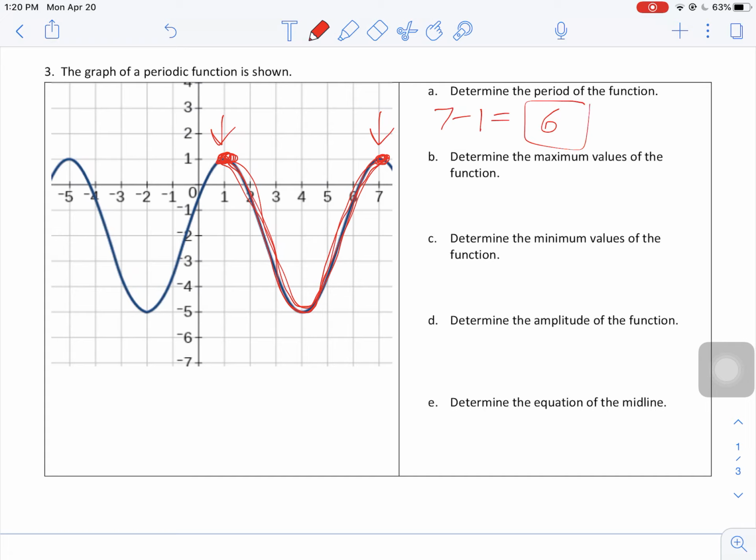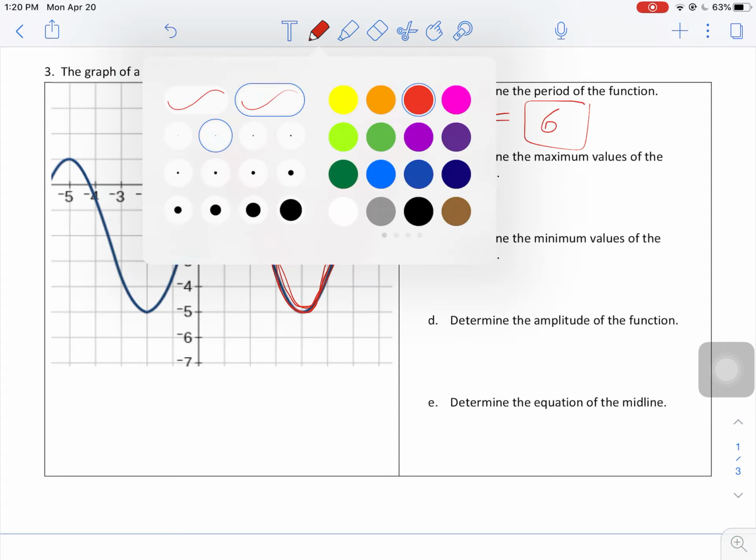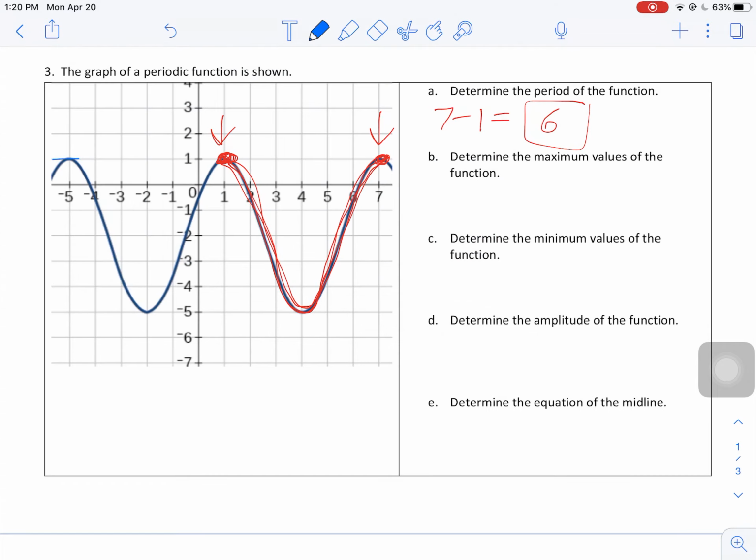For part B, the maximum, they're just talking about the largest y value on the graph. So right here, the largest y value would just be at 1. For the minimum, they're just looking for the smallest y value, so that'd be negative 5. Amplitude is 1/2 times the absolute value of the maximum minus the minimum.